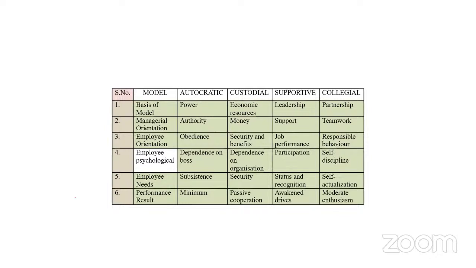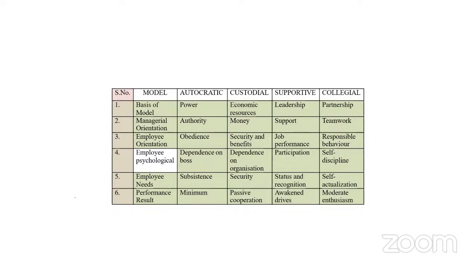In the custodial model, it is trying to gain security and benefits. In the supportive model, it is putting in the required job performance. And in the collegial model, it is responsible behavior, right? How to be a responsible employee without any external monitoring. That is how the employee orientation is.